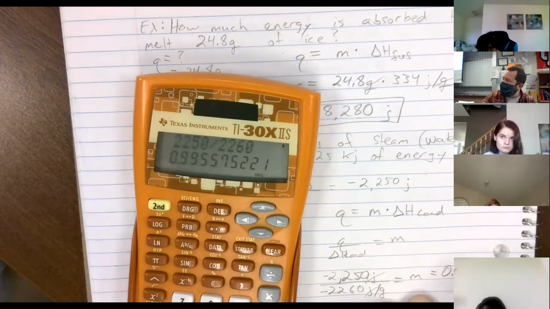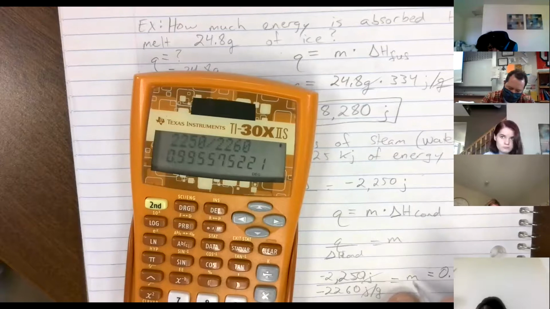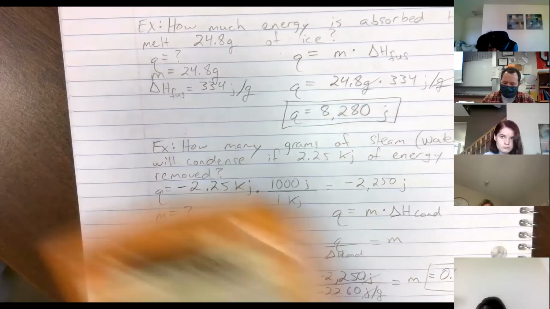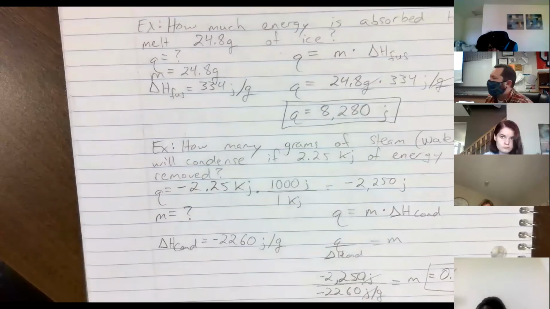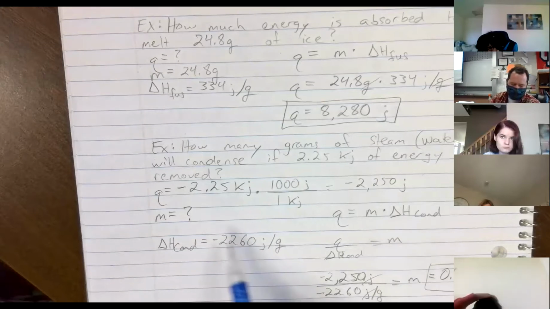So 0.9996 grams. My final answer there. So we can condense almost 1 gram of steam back into water by removing that much energy. 1 gram is not very much. Like a paper clip is a gram. Pretty small amount.